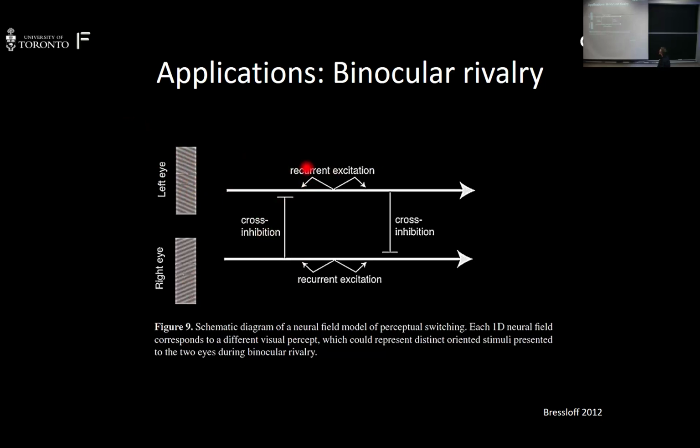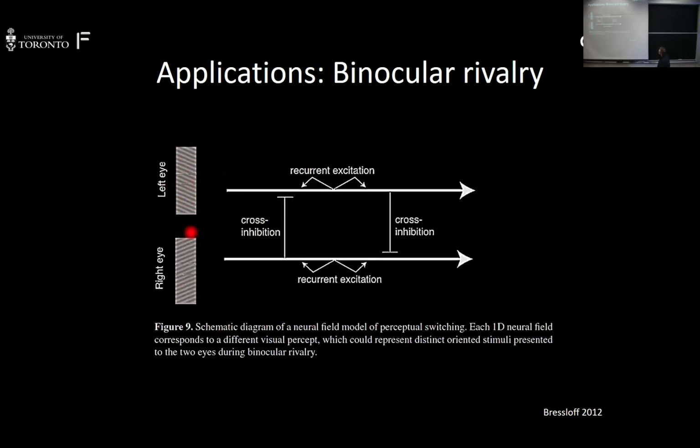So this one will be on and you'll be seeing the gratings going this way, and then at some point you get a switch. The reason for the switch is usually thought of as a kind of fatigue structure.